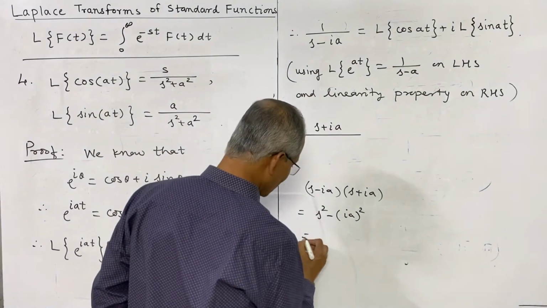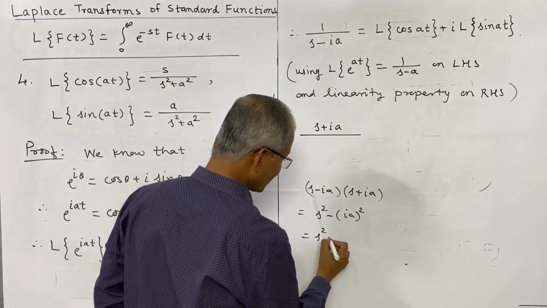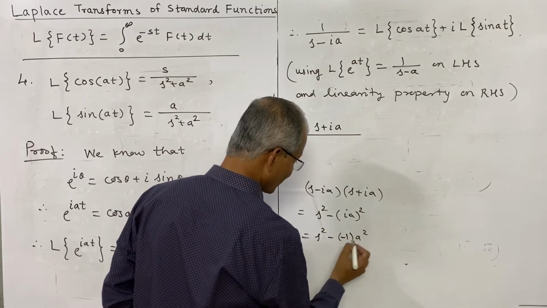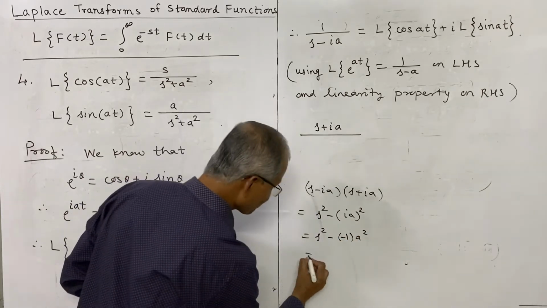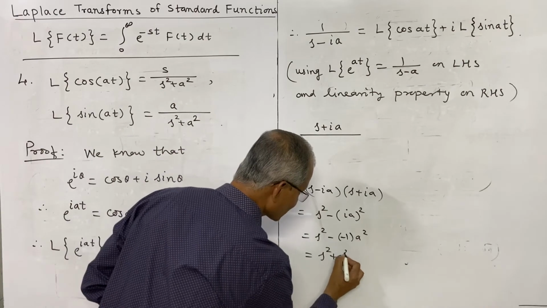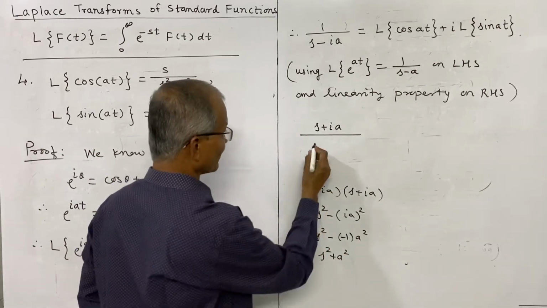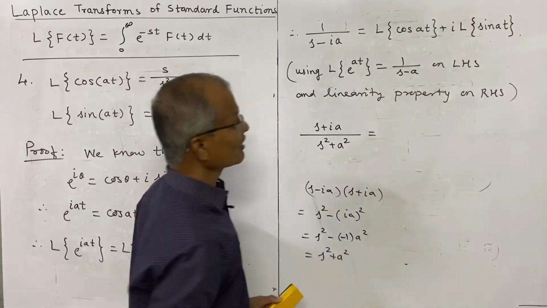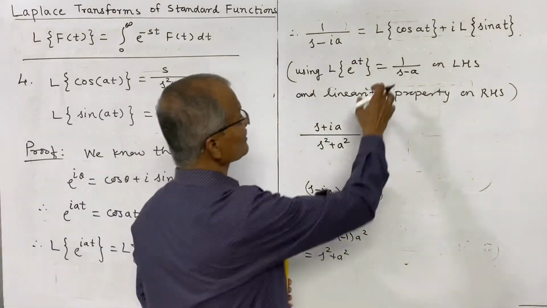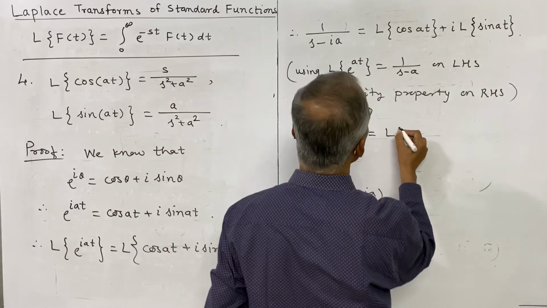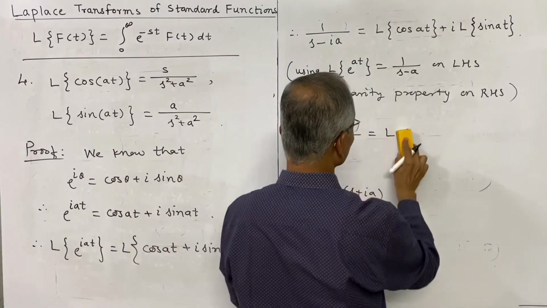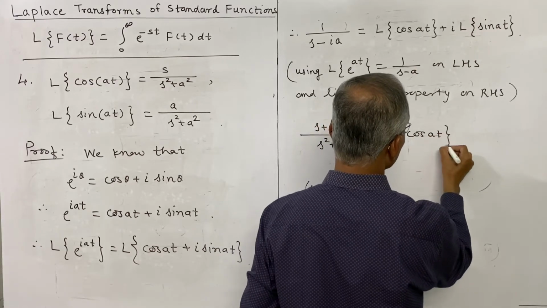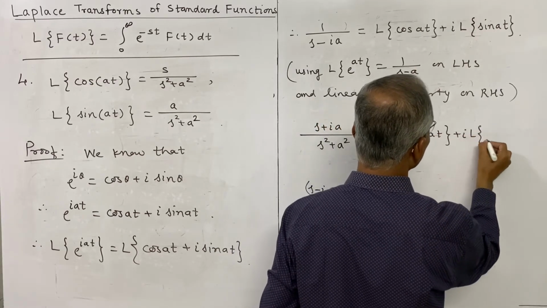But what is square of ia? That is i square a square. i square is minus 1, therefore this becomes s square plus a square, and I shall write that term here, s square plus a square, and on the right side it is the same, L of cos at plus i into L of sin at.